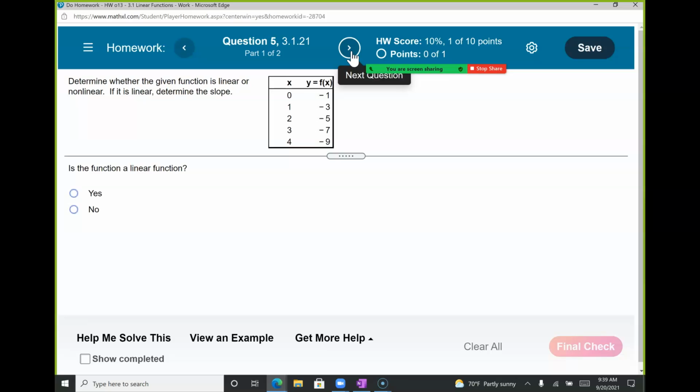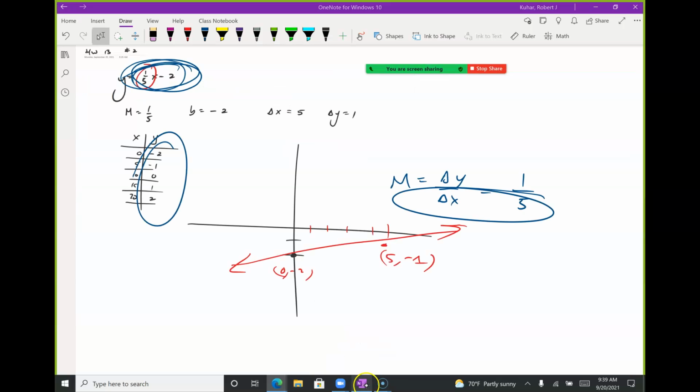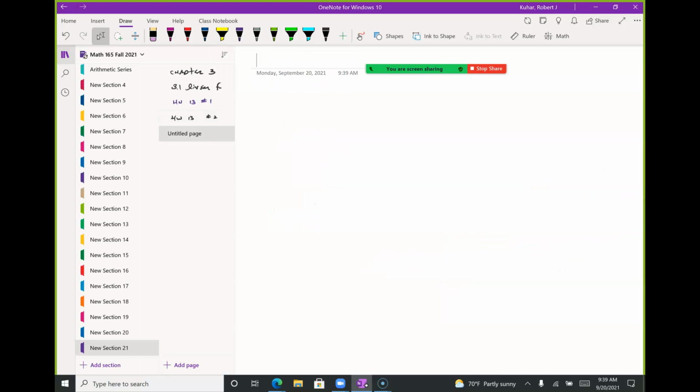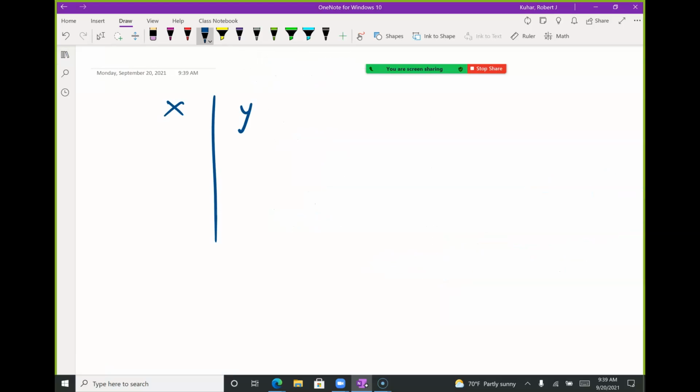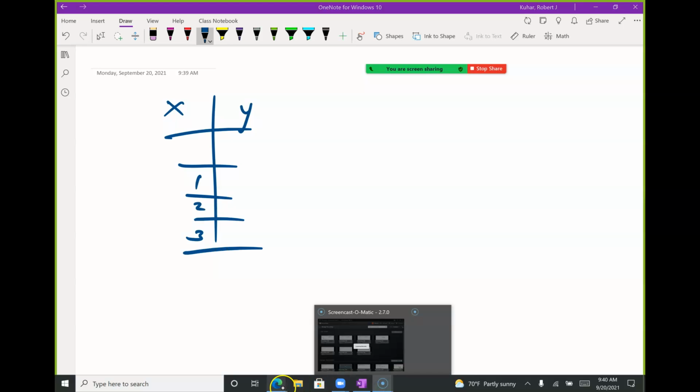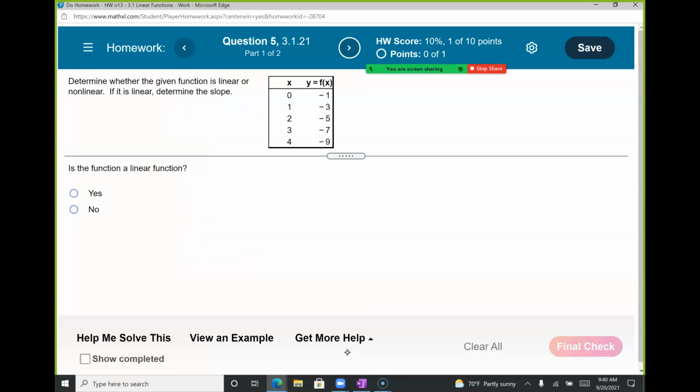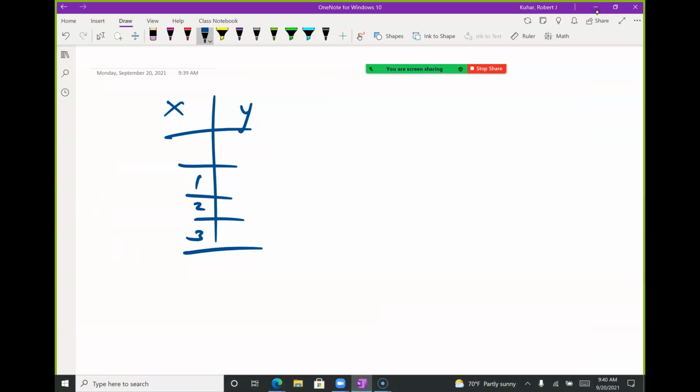So I can see that this is arithmetic, right? So I have 1, 2, 3. And my y's are negative 3, negative 5, negative 7. So I can already get my nth term almost instantly, right? A sub n is my first term plus that common difference times n minus 1.